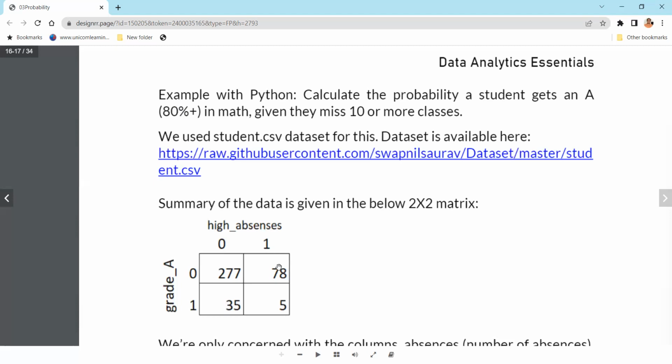What is the probability that you attend class regularly, but you could not get grade A? 277 by 395.